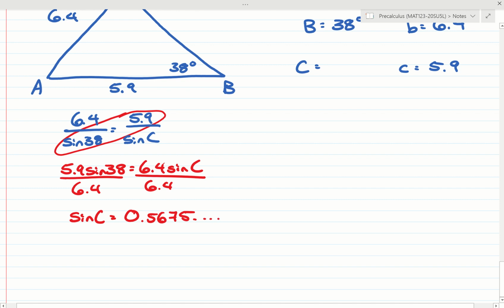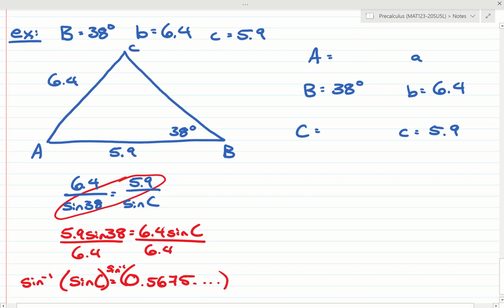I don't want to round this, but I am going to take the inverse sine of both sides. And that'll just give me angle C. On your calculator, hit inverse sine, and then if you hit the second negative button, it takes the inverse sine of the exact number that it just pulled up. I'm getting 34.6 degrees.